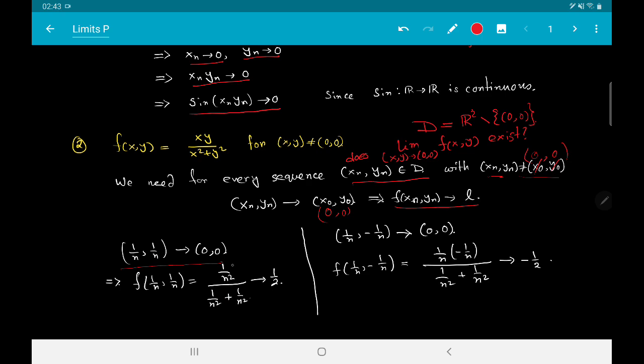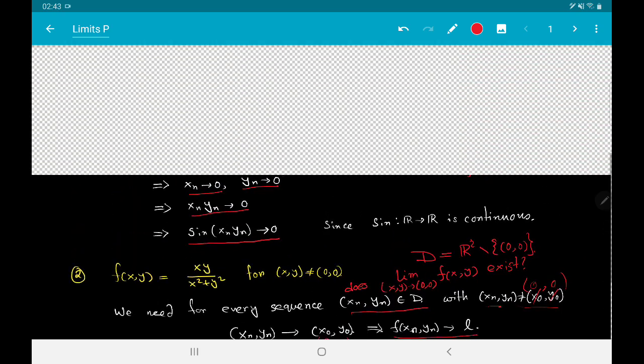If I plug in everything here, we can see that f(1/n, 1/n) converges to half. On the other hand, if I take the sequence (1/n, -1/n), then f(1/n, -1/n) converges to minus half.